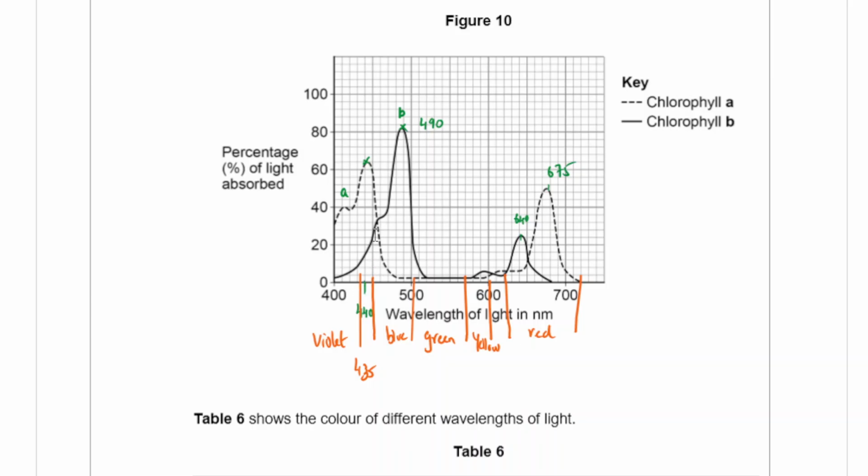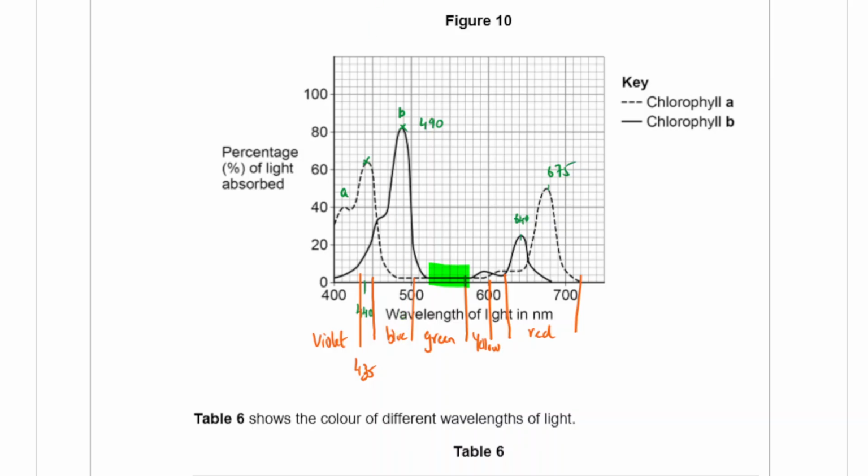Chlorophyll A is still managing to absorb about 30 to 35%, but it steadily drops by the time chlorophyll B actually peaks. Now green light, for both of them, the percentage of light absorbed is 0 because it's a flat line at this point. So you can see it's a flat line at this point for green light.